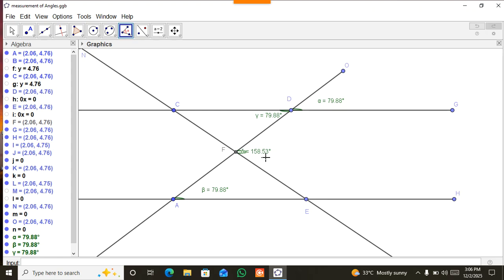In the same way, if I would like to measure angle HEF, I'm going to click H, E, F in a clockwise direction.